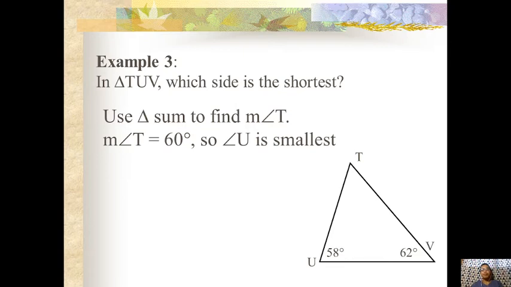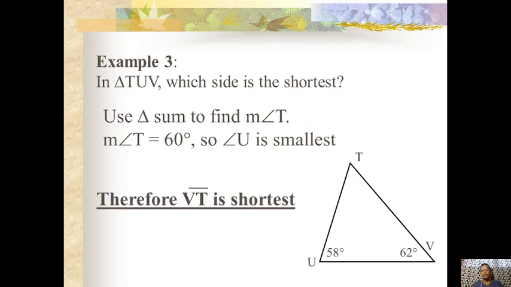And therefore, angle U is the smallest, and side VT is the shortest, since angle U is opposite the shortest side.